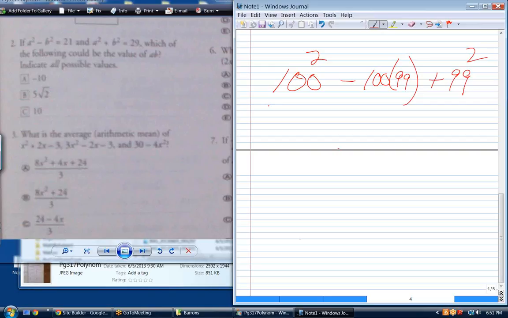Yeah. And you certainly don't do it by squaring 100 and multiplying that and subtracting. That would take forever. But as long as we recognize this as a minus b, with a being 100 and b being 99, a minus b squared, or 100 minus 99 squared.